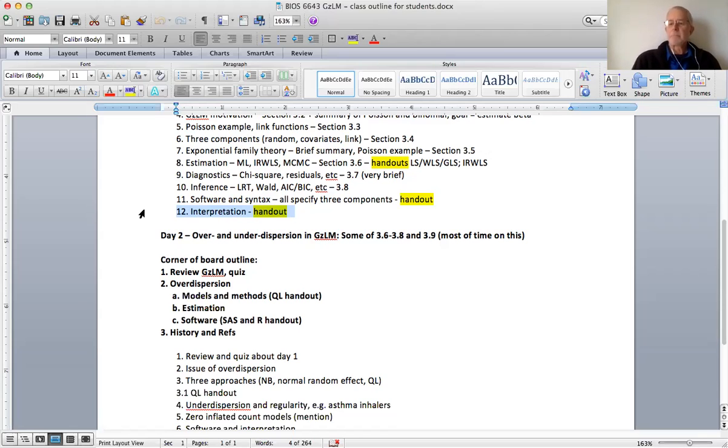And this is maximum likelihood; the estimation is maximum likelihood. The difference is there's no closed form, so the only way to get that estimation is with an iterative algorithm. Okay.